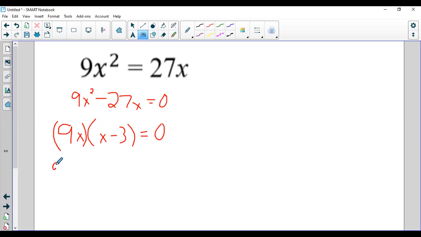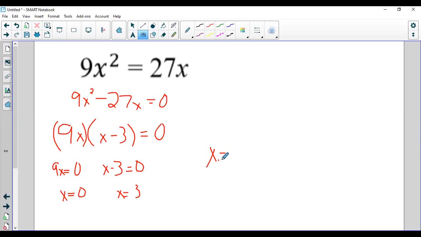So now either 9x has to equal 0 or x minus 3 has to equal 0. Divide by 9, x is equal to 0. Add 3, x equal to 3.